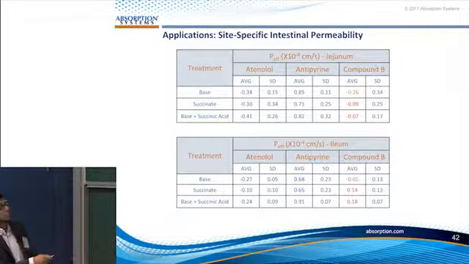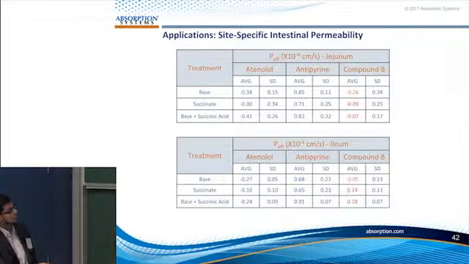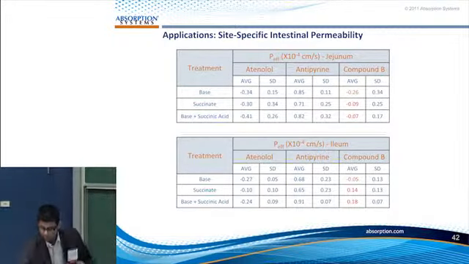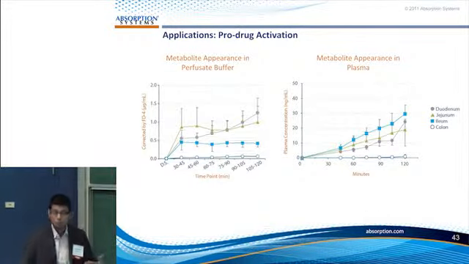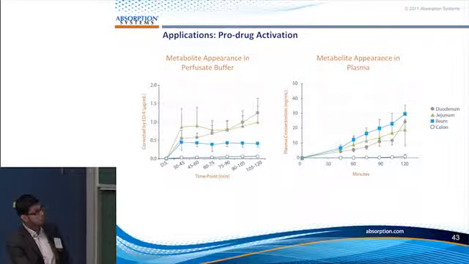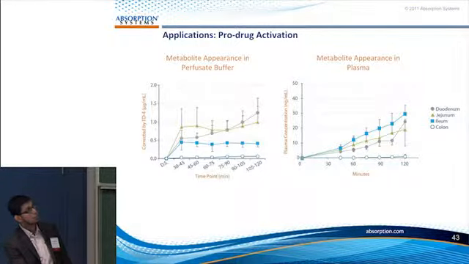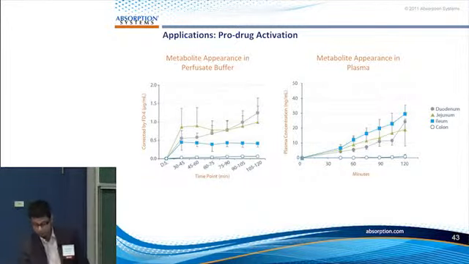You can do other things, such as looking at site-specific permeability. In this case, the salt form of this base, the succinate, either formed a priori or in situ, has higher ileum permeability than jejunum. Those types of experiments can also be performed. You could look at prodrug activation. In this case, the prodrug essentially is converted to the drug form only in the upper GI, but not in the colon.